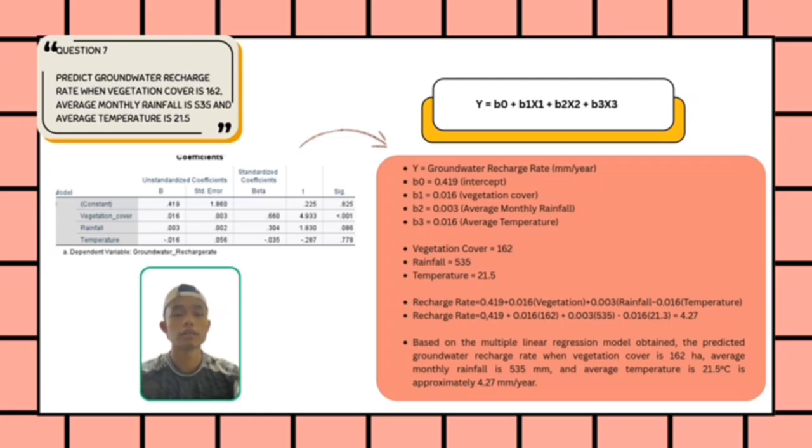0.016 multiplied by 162 equals 2.59. 0.003 multiplied by 535 equals 1.50. 0.016 multiplied by 21.5 equals 0.34.